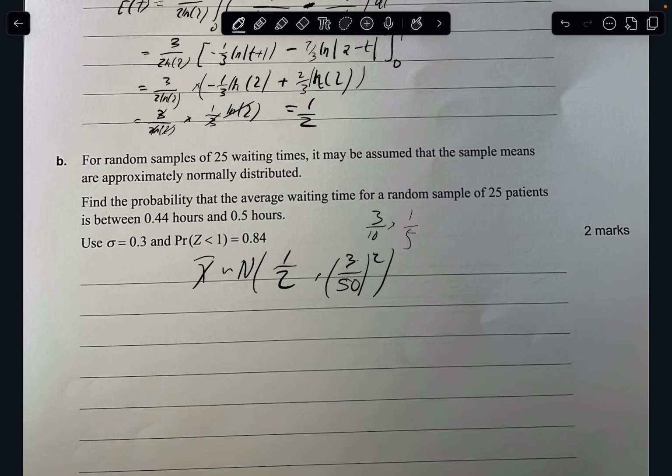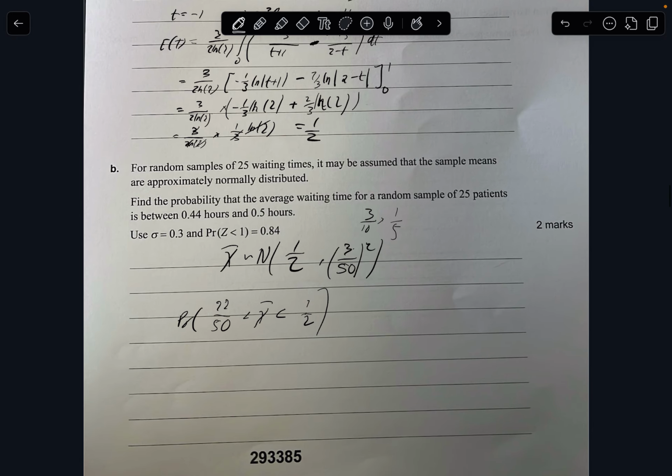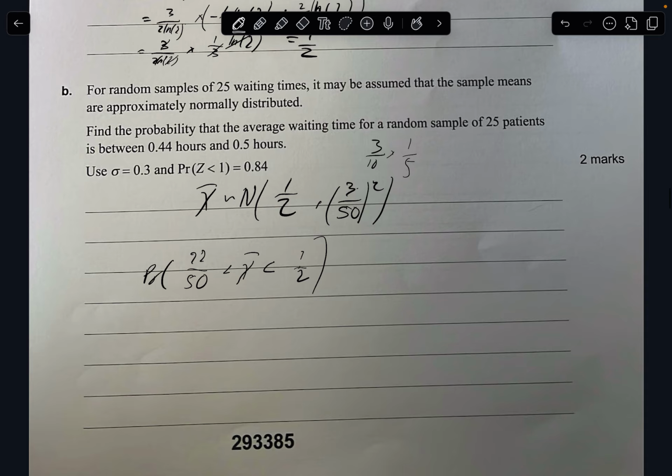And we want to know the probability that x bar is between 0.5 or 1/2 and 0.44, which is 22 over 50. And you can simplify that further, but I'll just keep it because the standard deviation is over 50. So we'll convert these because they said use it.